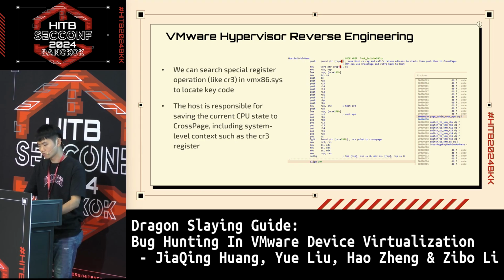When VMX calls the ioctl to run VM, the VMX86 kernel module will save the current CPU state to the cross page and restore the VMM CPU state. And the operation of switching out is the opposite.